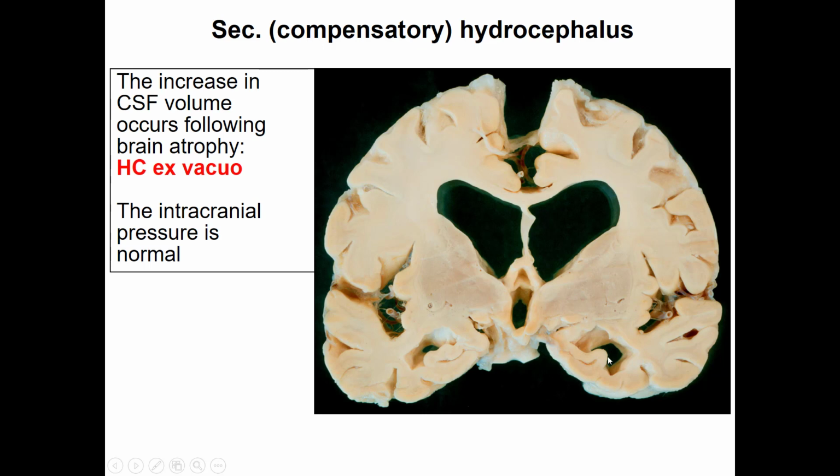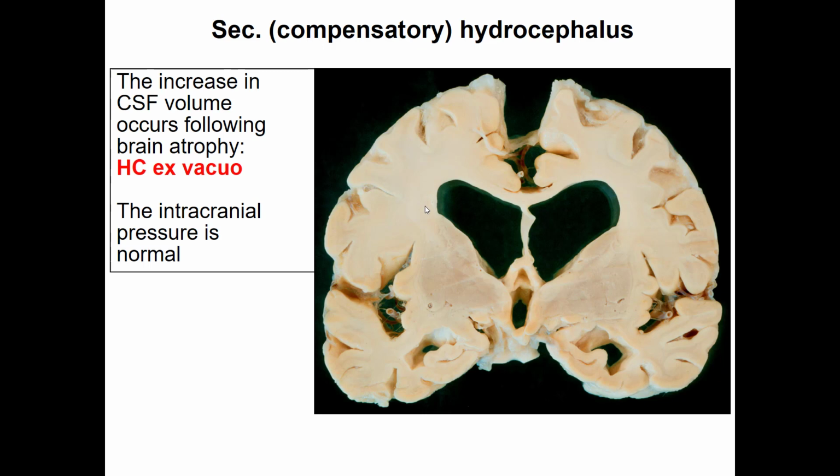And finally, we have got to the so-called secondary or compensatory hydrocephalus, which is actually not a consequence of the increased CSF pressure within the ventricular system, but a consequence of the lost brain parenchyma. A very frequent cause of loss of brain parenchyma, especially in the elderly population, in particular those who suffer from dementia, is the loss of neurons, and then the dying neurons' axons are also going to degenerate.